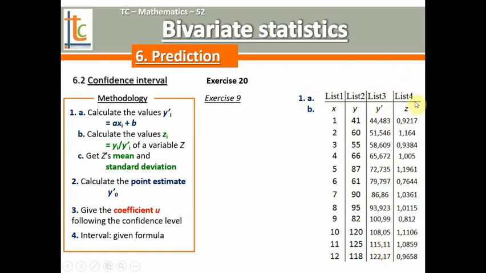In list 4, you have to calculate the ratios y divided by y prime, corresponding to a formula in your calculator that is list 2 divided by list 3. The results turn around 1. Some are a little less than 1 and some a little more than 1.